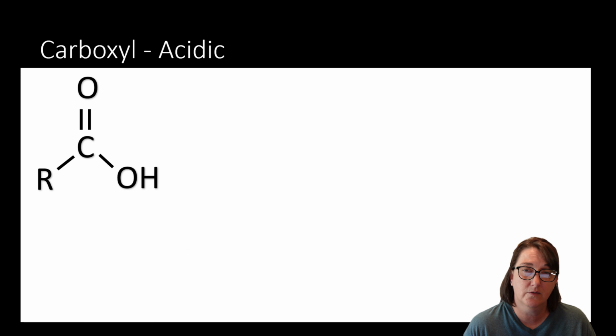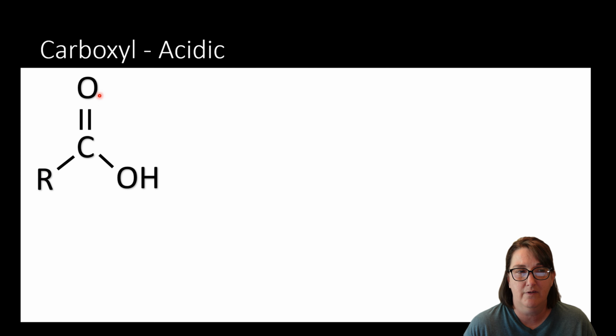Here's a carboxyl. Make sure you know the difference between a carbonyl and a carboxyl. A carboxyl is going to have a carbonyl, and what do we call this one again? This is a hydroxyl. So this has both. That's why it's called carboxyl. It's a mix between the two. This one here is considered acidic. So here I have my R group. This is my carbon molecule, whatever.